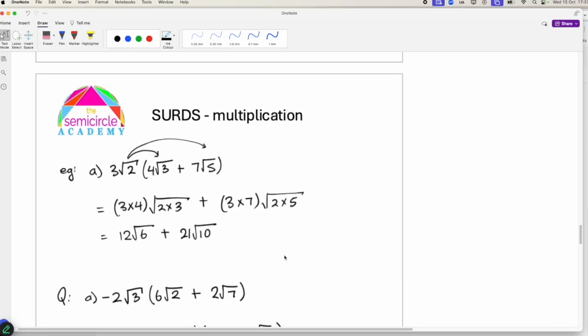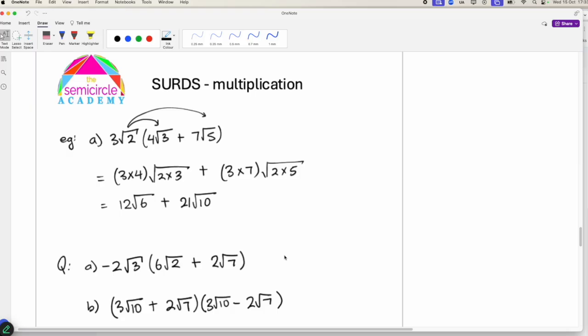So this is how the distributive law works. You can see I have an example here. The first example I have is 3 root 2 times 4 root 3 plus 7 root 5. I could take the 3 root 2 times 4 root 3, and that'll be 3 times 4 into the square root of 2 times 3, plus 3 times 7 into the square root of 2 times 5.